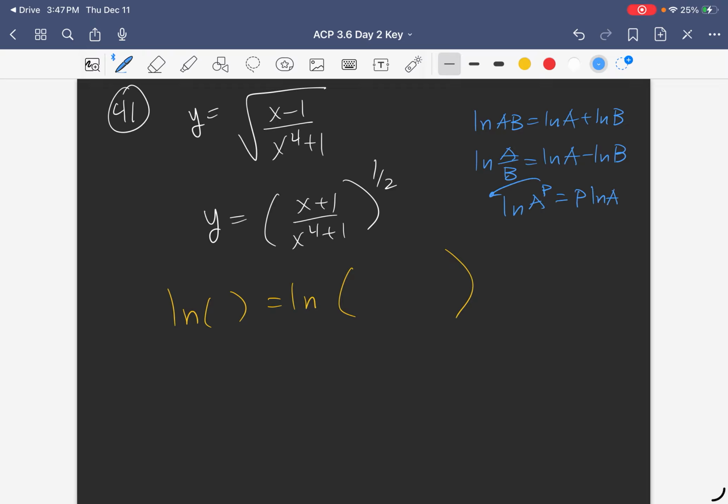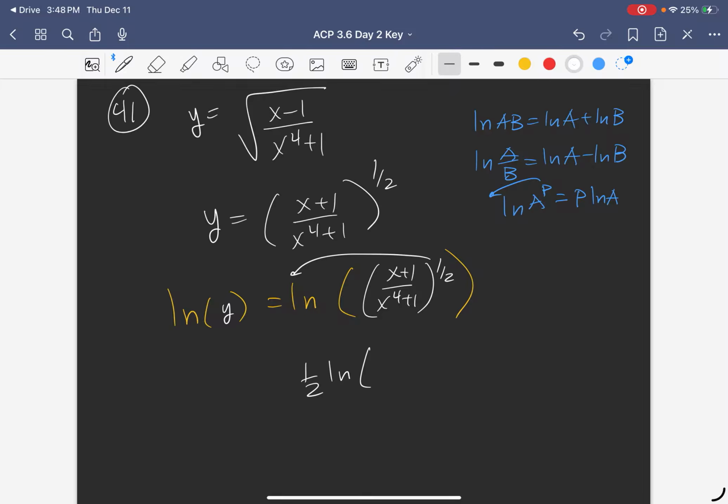So in this case, I have x plus 1 over x to the 4th plus 1, all that to 1/2. I can end up pulling that 1/2 up front. So we get 1/2 natural log of something divided by something.